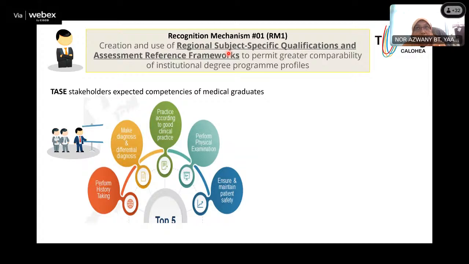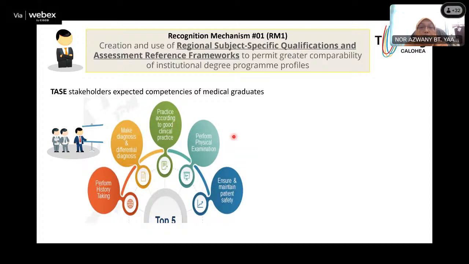These are the clinicians of health government hospitals, because they are the ones who receive our medical graduates for the internship training, or what we call housemanship. When we asked the clinical specialists, the top 5 competencies they expected are history taking, physical examination, making diagnoses, good clinical practice, as well as patient safety.